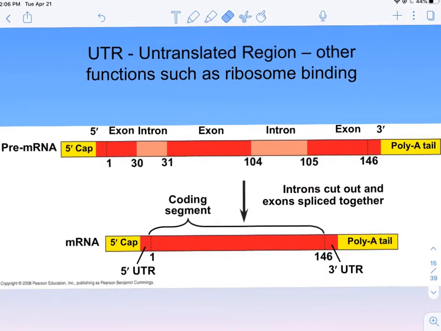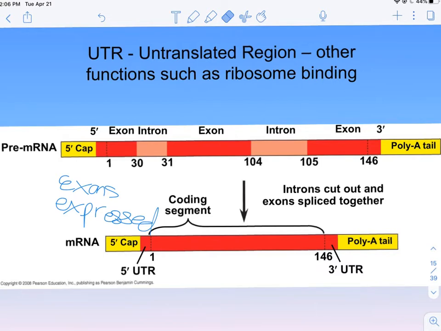The other thing we need to do is cut out our introns and then splice together our exons. I always thought these names were a little bit backwards, but the way I remember it is exons are expressed. And what I mean by expressed is they're made into polypeptides, which become proteins, which then become phenotypes. We're expressing it.